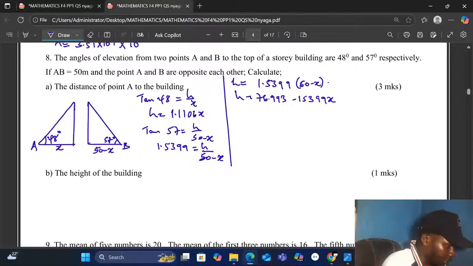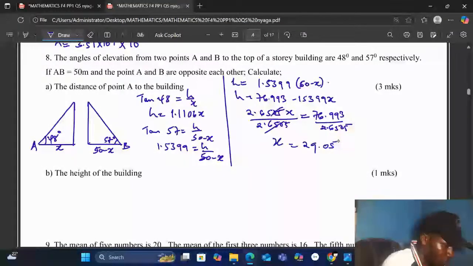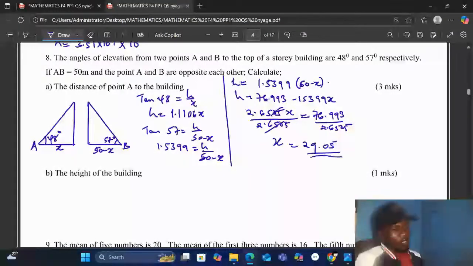Now we divide, and we shall have x equal to 29.05. Now that is the value of x.